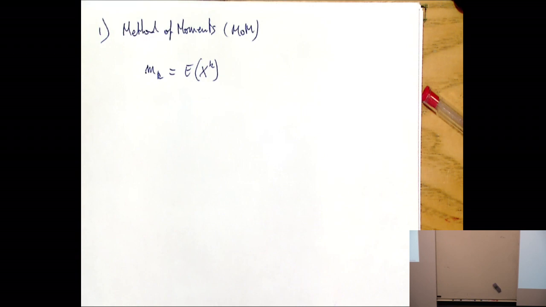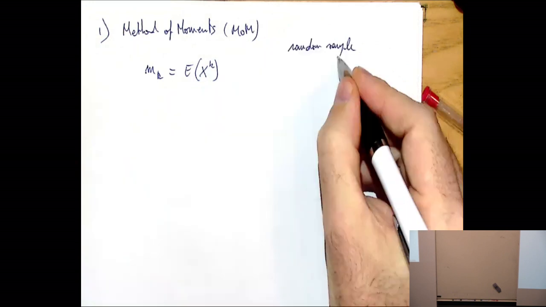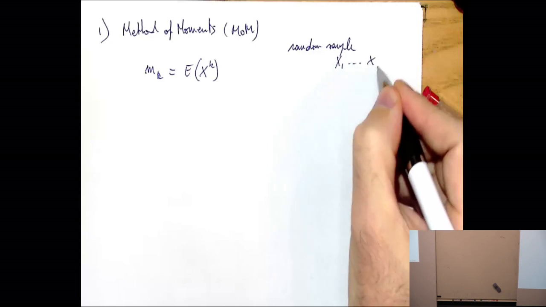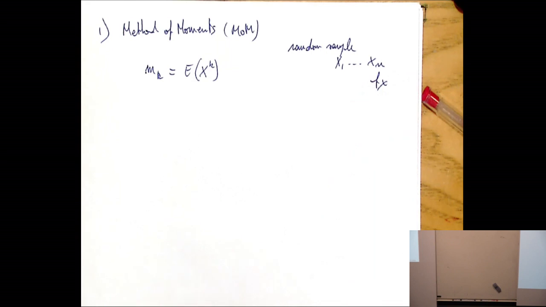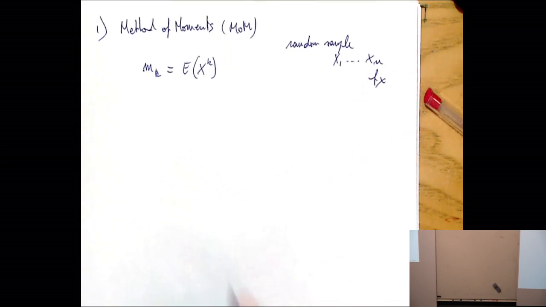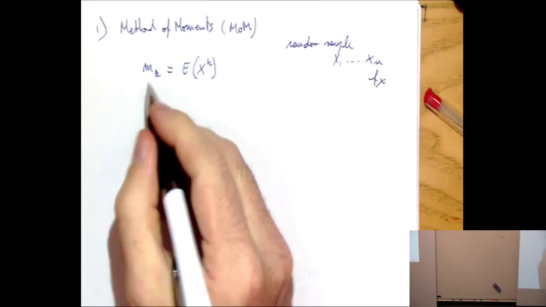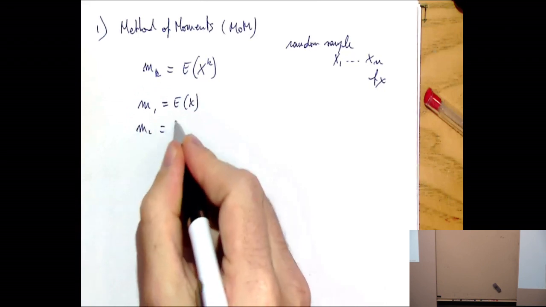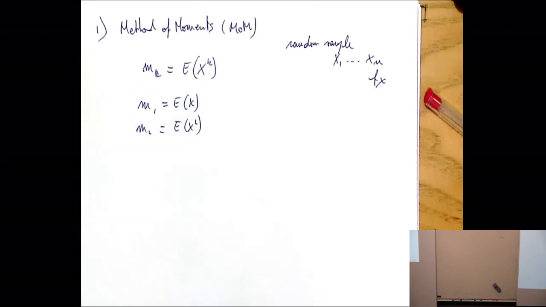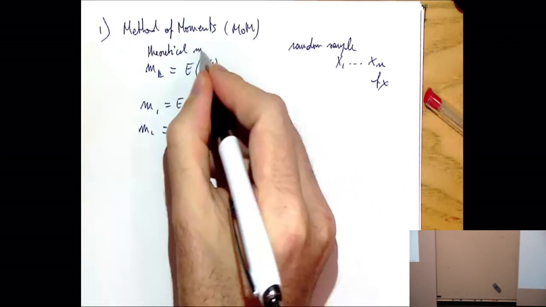If you have a random sample of n random variables, each with a certain distribution f of x, we look at the kth moment of this random variable. The first moment was the expectation of x, the second moment was the expectation of x squared. This is what we call the theoretical moment.